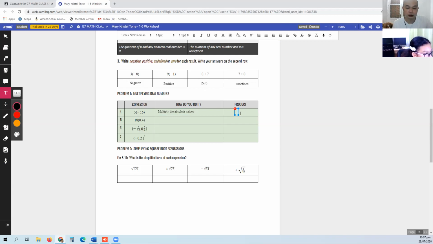Get the product. Use your calculator. 5 times 16. 80. What's the answer? 80. All right. So is it positive or negative? Negative. Yes, put negative. Just a dash. Yeah.